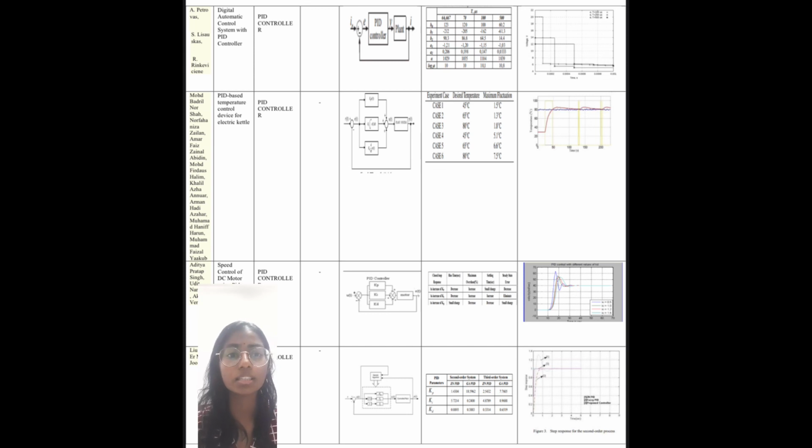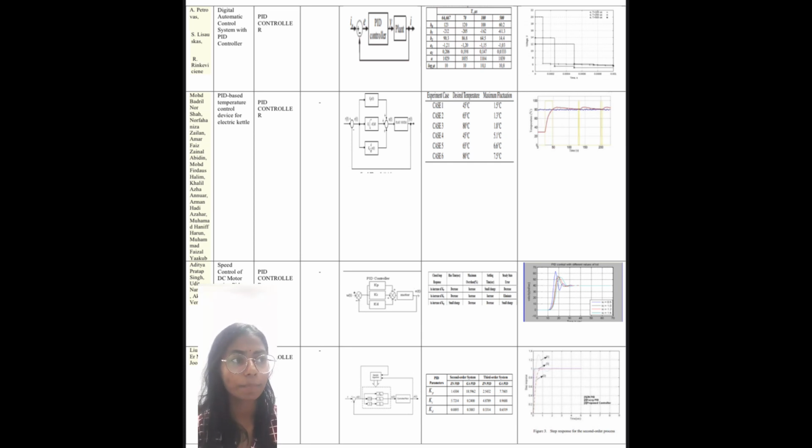For the third article, it is the tuning of the PID controller to minimize IAE, ISE, or ITAE performance indices. It also uses the PID controller where the parameters stand from controller proportional integral derivative.